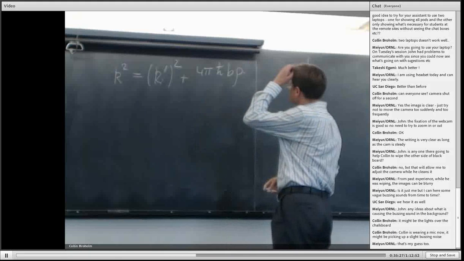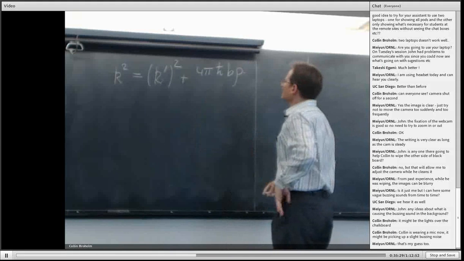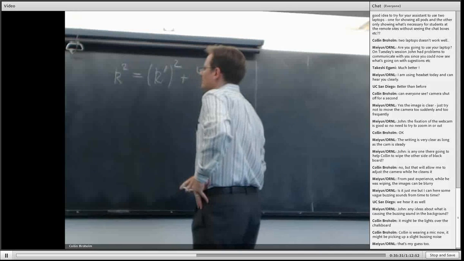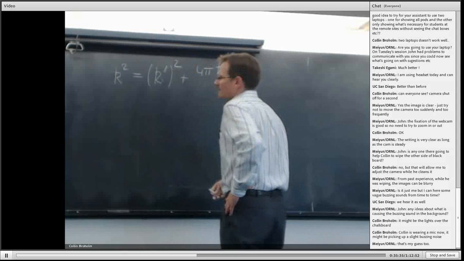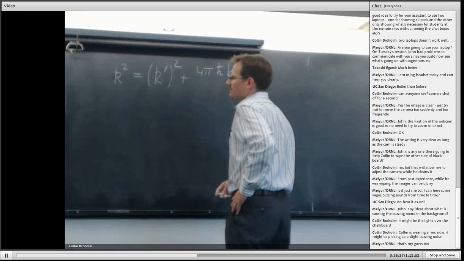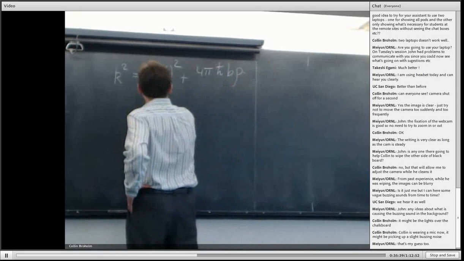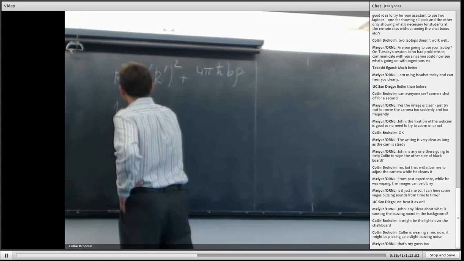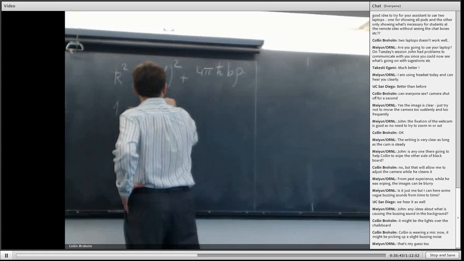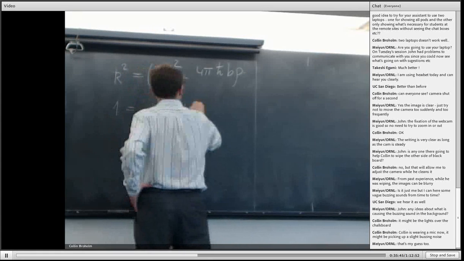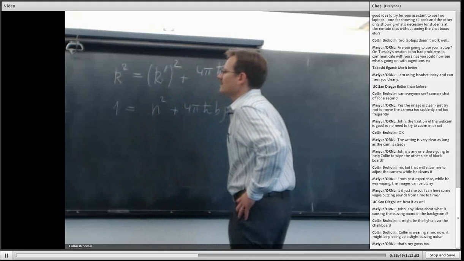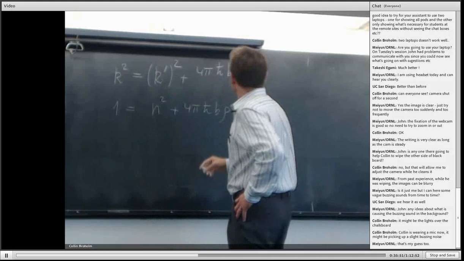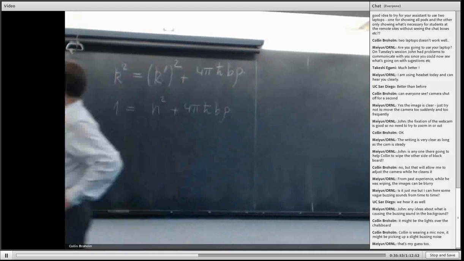It seems appropriate. Good. All right. So then let's divide by k on both sides of the equation, and then I'll find that 1 equals n squared plus 4 pi b rho. Oh, I thought there was something wrong here.